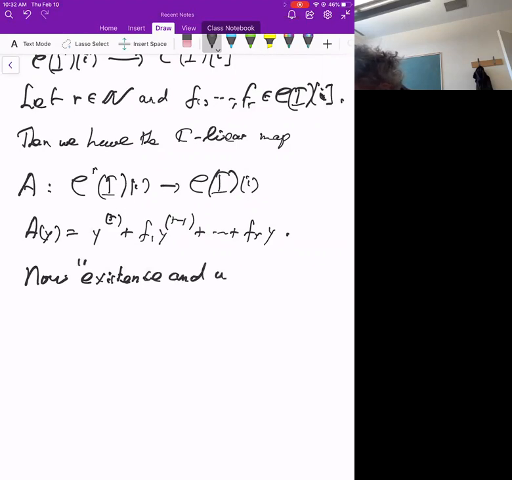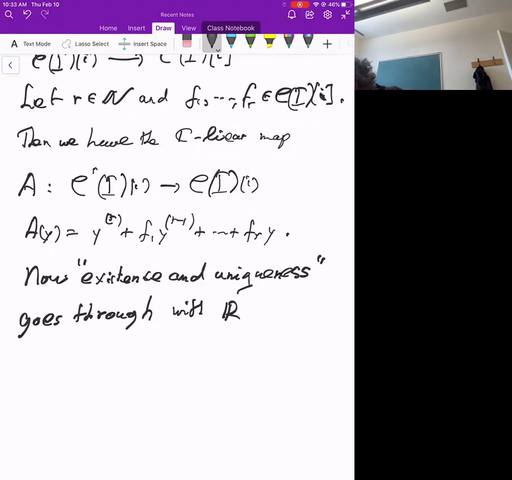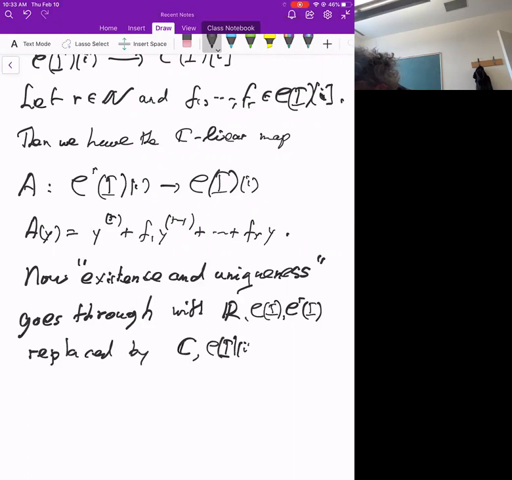Of course, the interval I remains the interval I, but the role of the real scalars and C^r(I) are replaced by the complex ones.